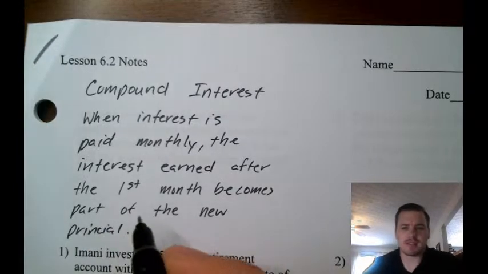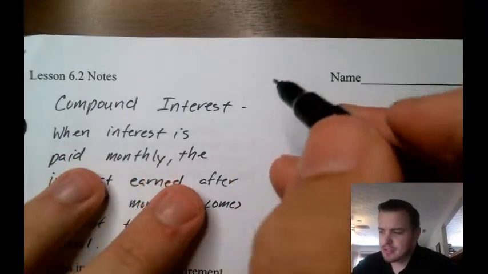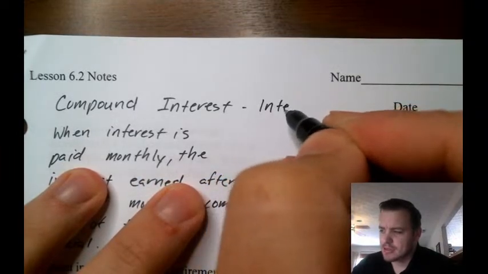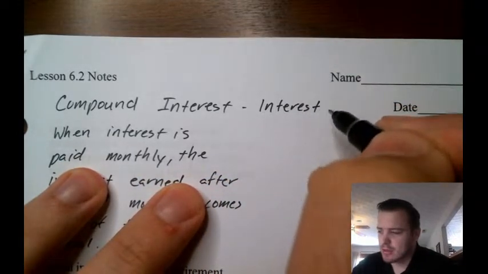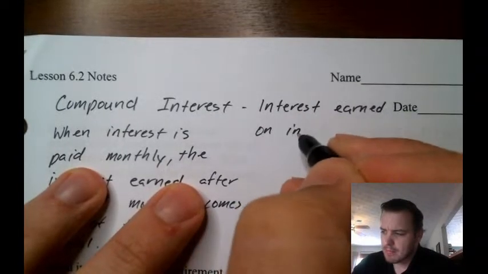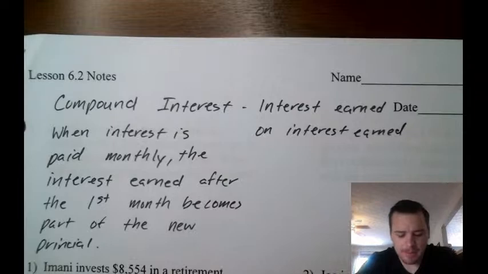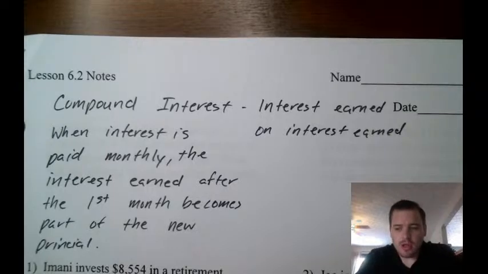And this process just keeps going. So, in my words, compound interest is interest earned on interest earned. You make interest, you get money, interest earned on interest earned. That would be my definition of compound interest. It's just simply interest earned on interest earned. So the money that the bank gives you for investing, you earn money on top of what you earn from them. So that's what compound interest is.